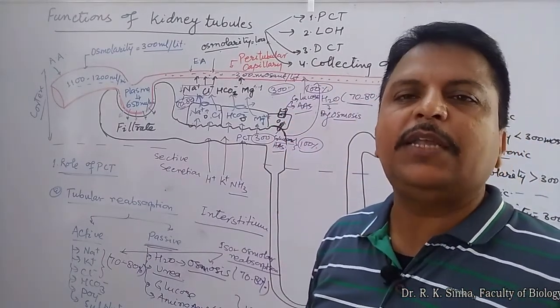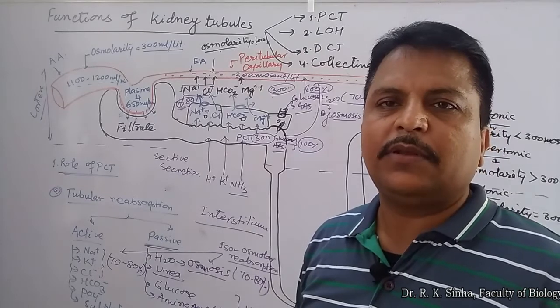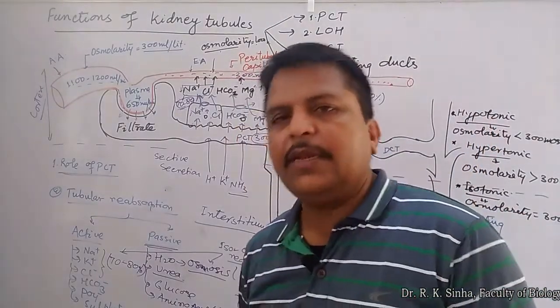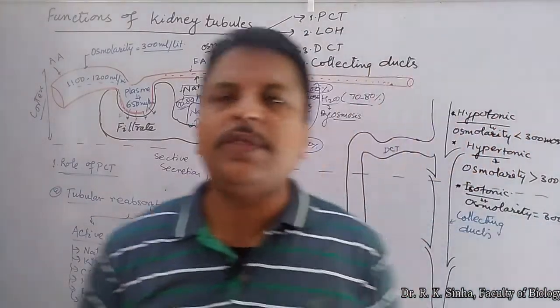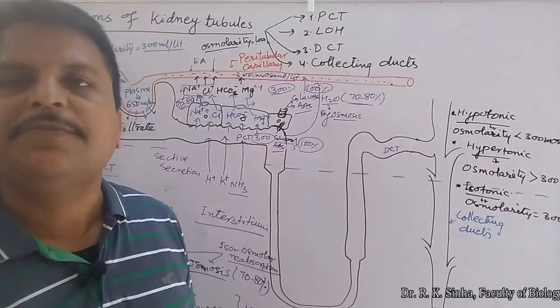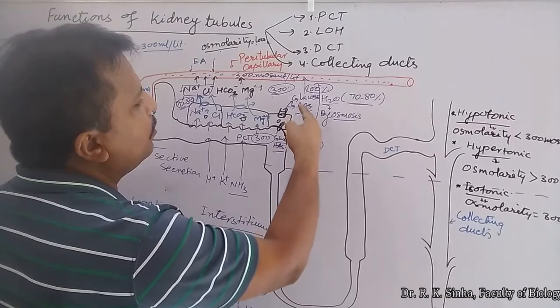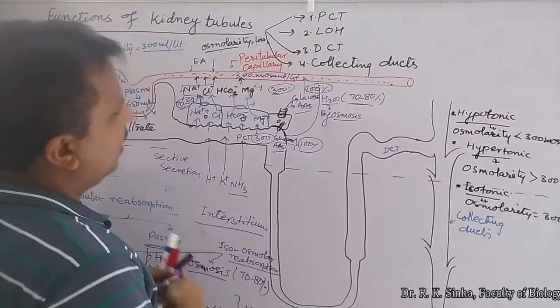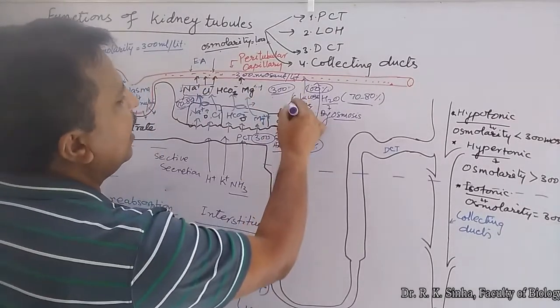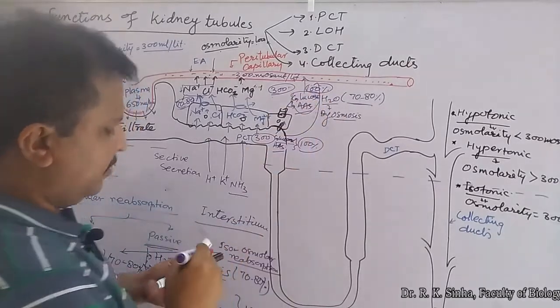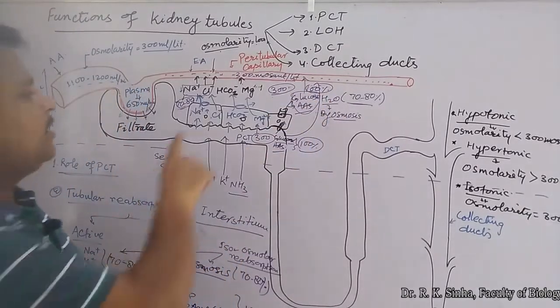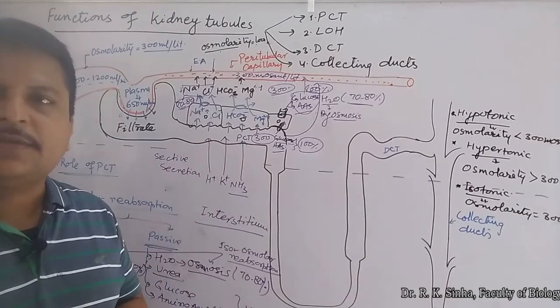That is known as high threshold reabsorption. Okay, there are three different conditions: high threshold, low threshold, and no threshold reabsorption. So glucose and amino acid are high threshold materials, and these two are reabsorbed from the PCT into the peritubular capillaries.